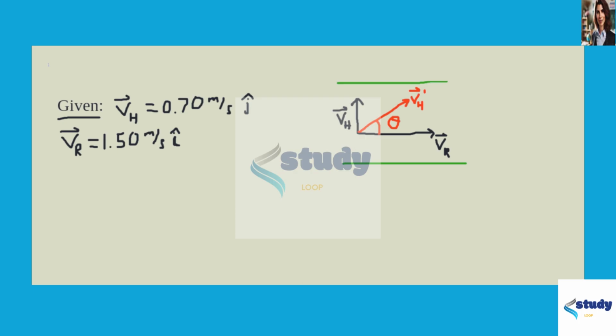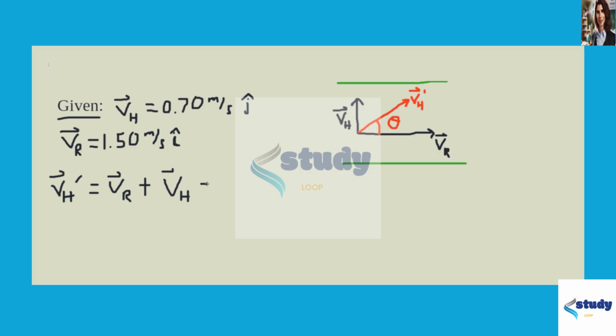So v h prime here, I'll write this out, is equal to the velocity of the raft plus the velocity of Huckleberry Finn.